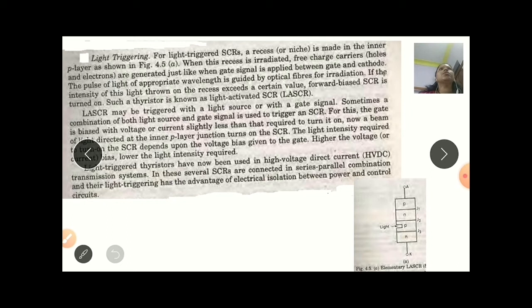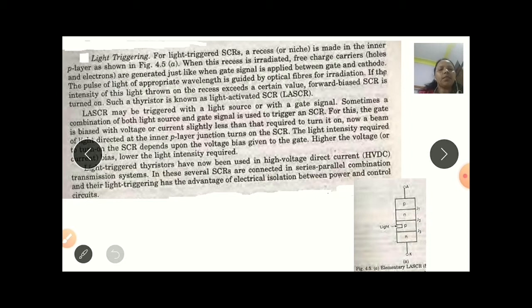Once the J2 depletion layer reduces, an avalanche breakdown occurs and conduction starts at junction J2. J1 and J3 are already in forward bias, so through all the junctions, conduction may start.